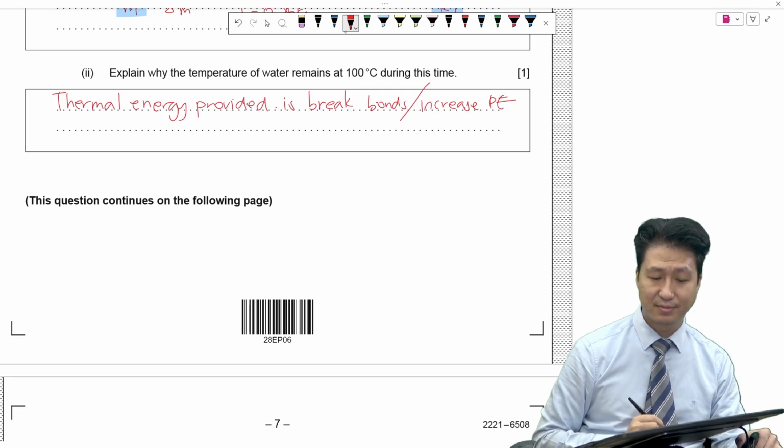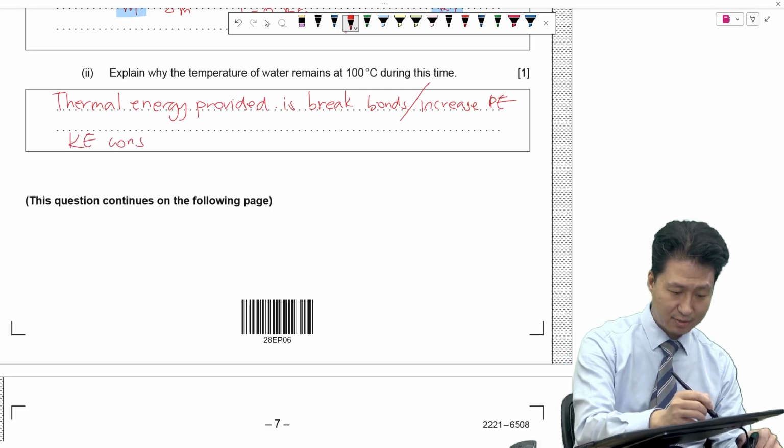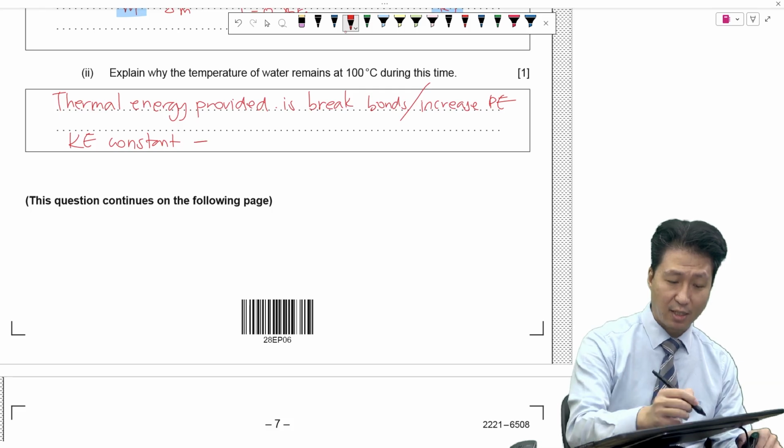Either one is fine. This means that the kinetic energy is constant. And since the temperature is related to the kinetic energy, the temperature is also constant.